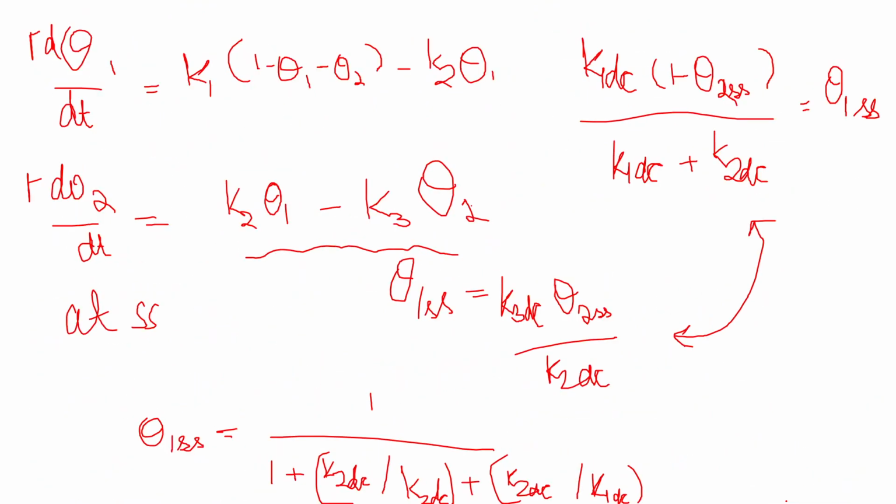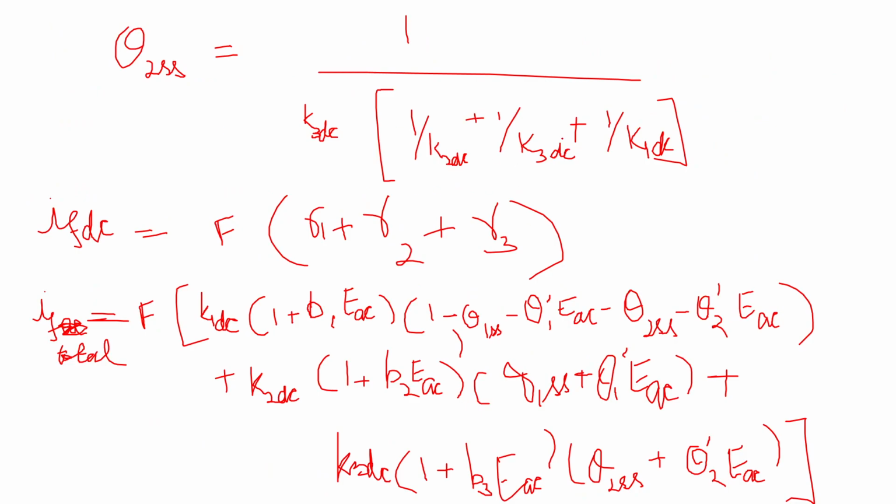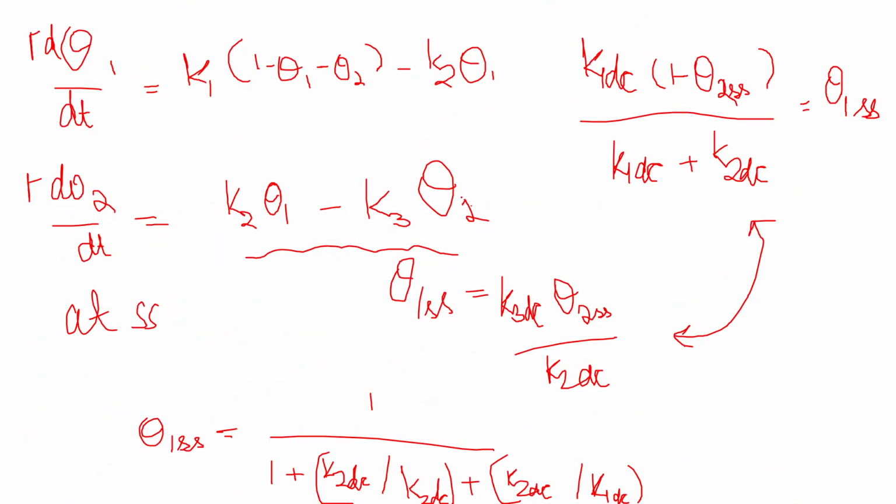So you'll have theta 1 dash. If you solve this, you'll have theta 1 dash and theta 2 dash also. So how to find out? You can go for the site balance equation. You have two site balance equations. For that, you know how to do. d theta 1 by dt is nothing but j omega gamma theta 1 dash.